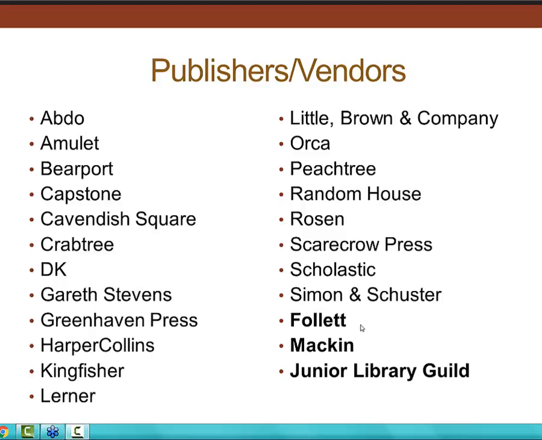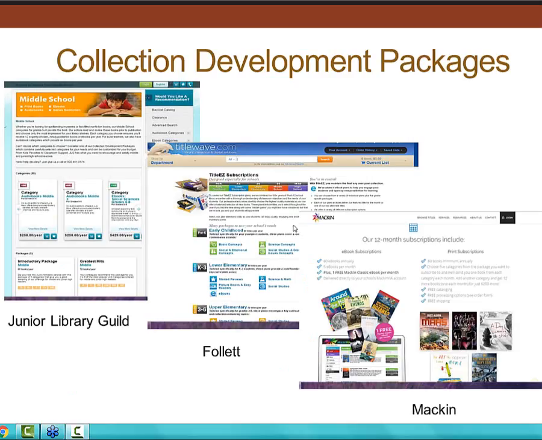Down at the very bottom, I have Follett, Mackin, Junior Library Guild. Those I put in bold because they offer collection development packages. And with those, you can select grade level, you can select topics, formats, and their subscriptions.